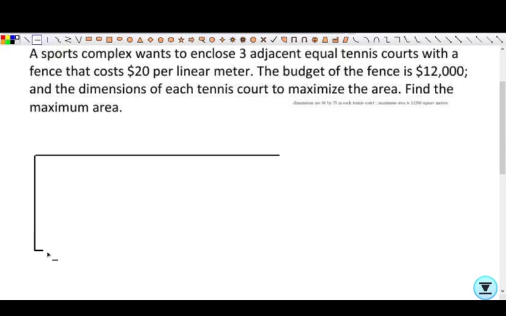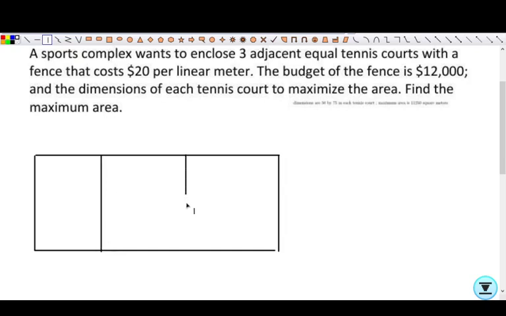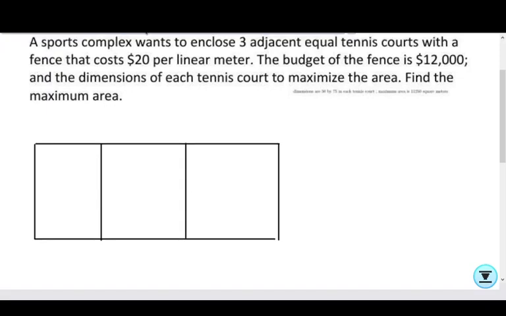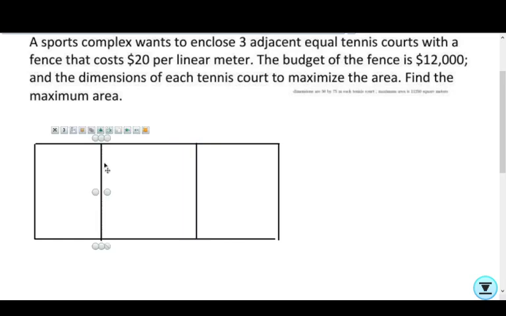So we're drawing these tennis courts, and we have 3 tennis courts. So we're going to divide this space up into 3 courts. For you OCD kids, I'll make them more even so that it doesn't freak you out. All right, we got our 3 courts.